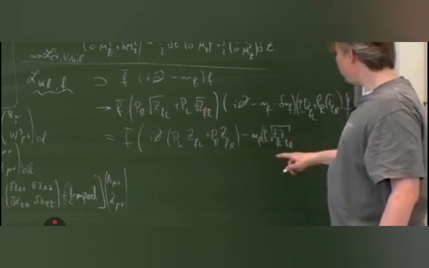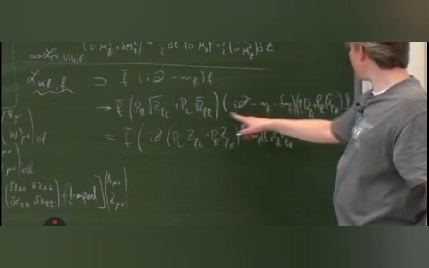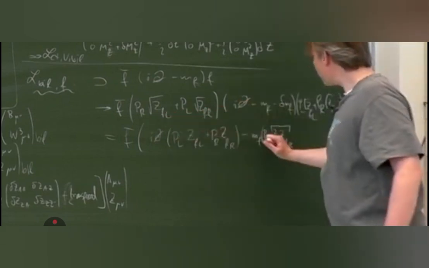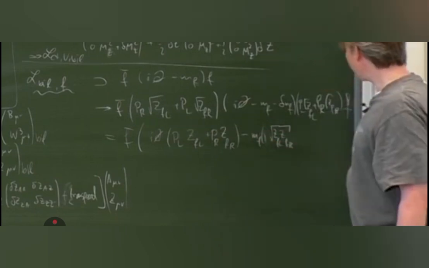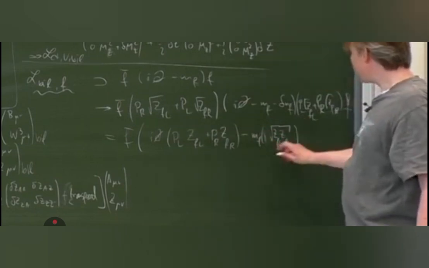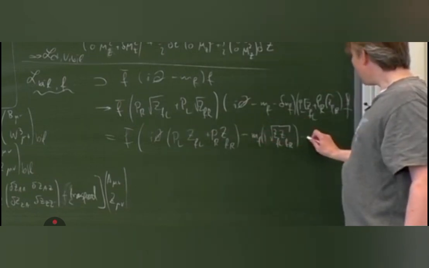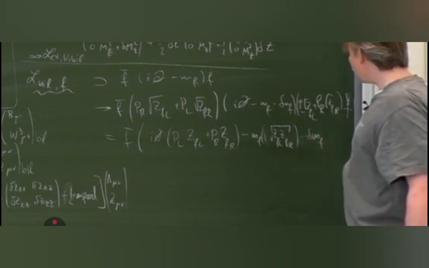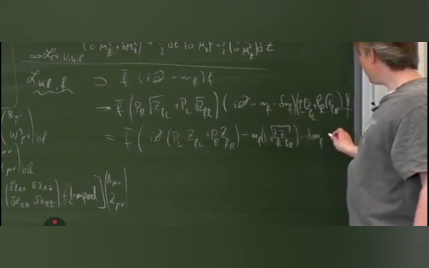Okay. So we get this product Z_FR times Z_FL for the left-handed, and actually also for the right-handed, so the P_L drops out, and we simply get the mass times this minus delta m_f, and here I drop the field renormalization because we work in first order.